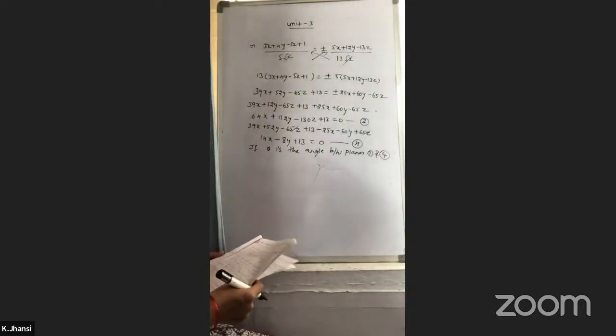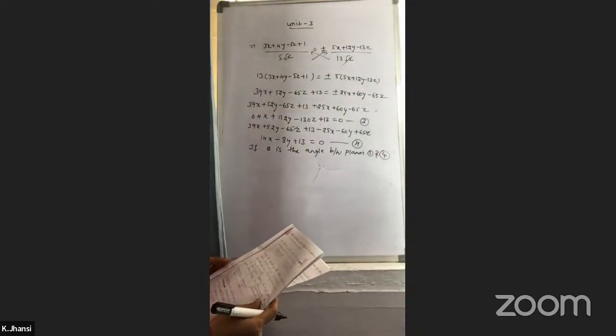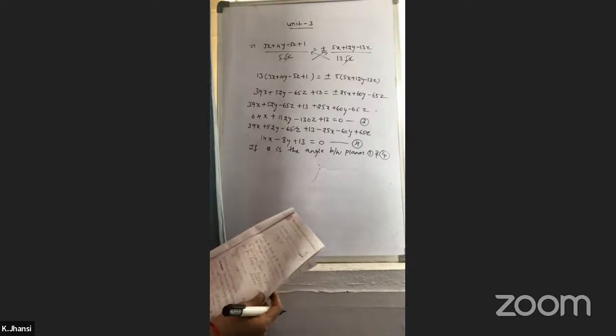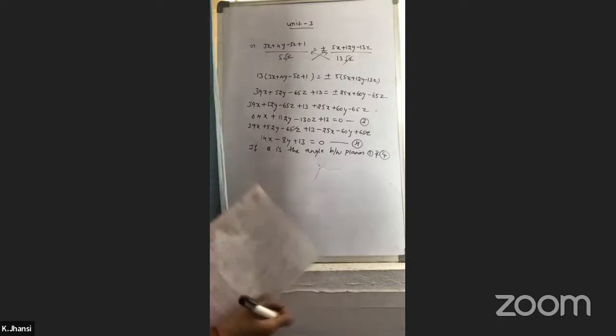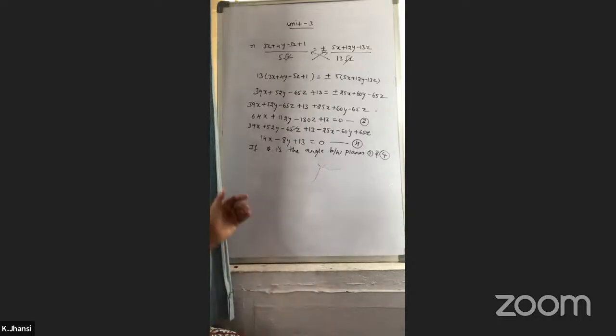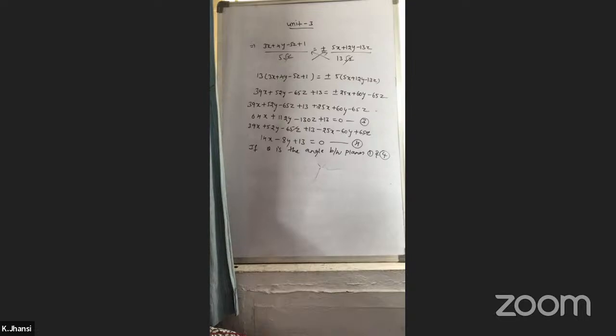So first plane equation is 3x plus 4y minus 5z plus 1 equals 0. And the cos theta formula is (a into a1 plus b into b1 plus c into c1) by (under root of a square plus b square plus c square) into (under root of a1 square plus b1 square plus c1 square). Okay.